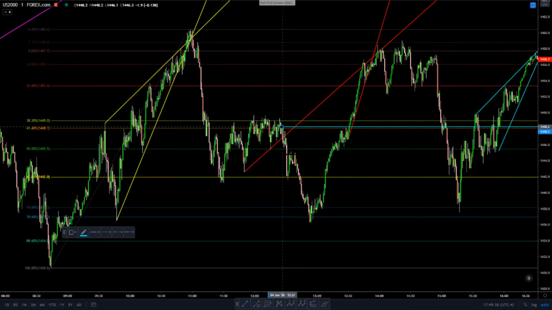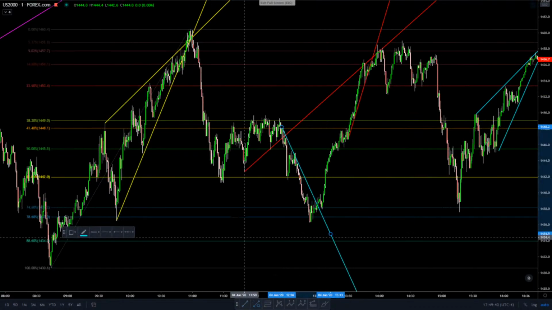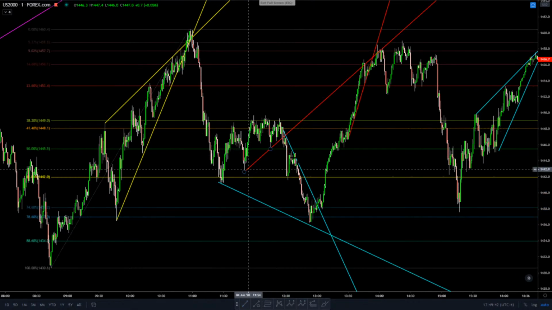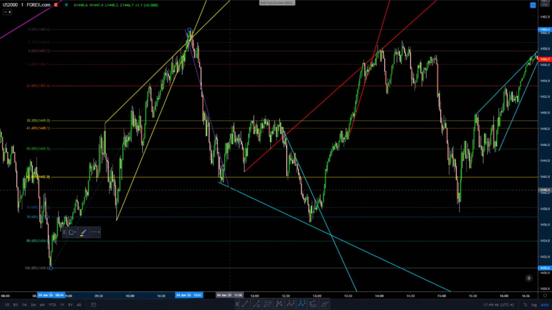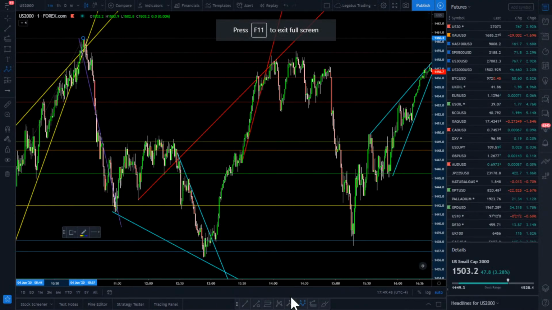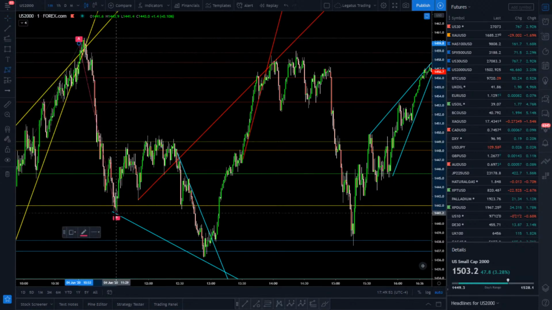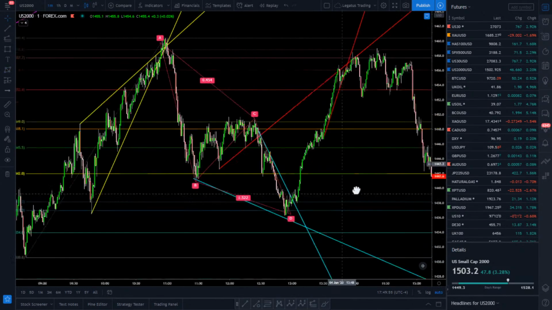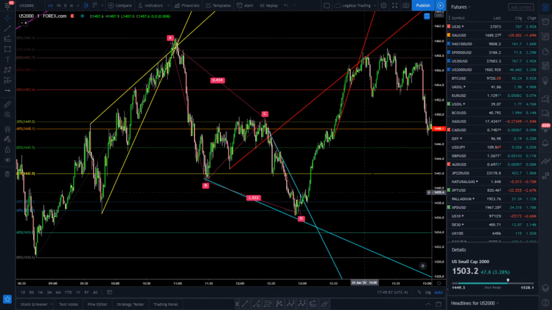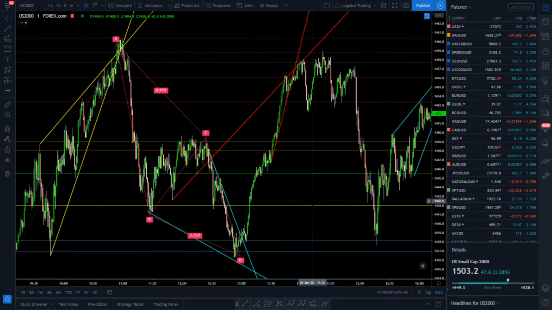And you've got your falling wedges here too. And if anybody can spot the ABCD pattern, which is also apparent there within a falling wedge. So if all these things are kind of coming together, that's great there.